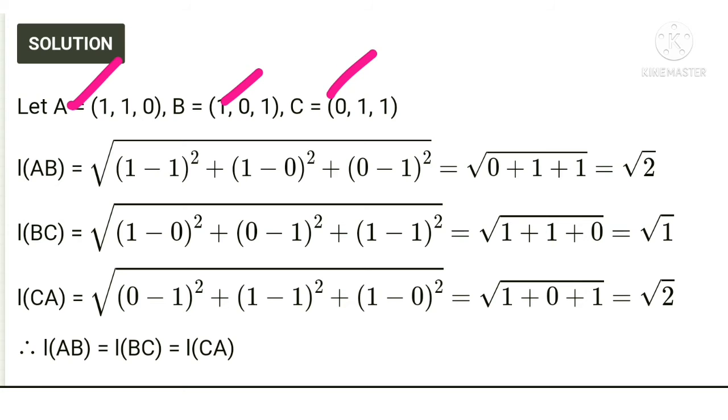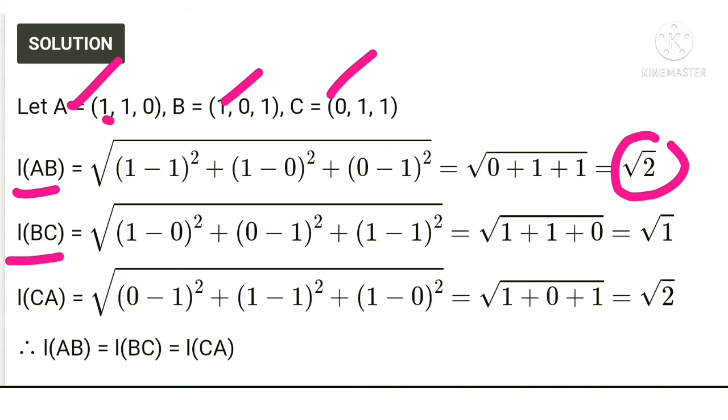Now you find length AB by using the distance formula. Length AB is equal to root of (1 minus 1) square plus (1 minus 0) square plus (0 minus 1) square. You simplify, you get root 2. Length AB is equal to root 2.